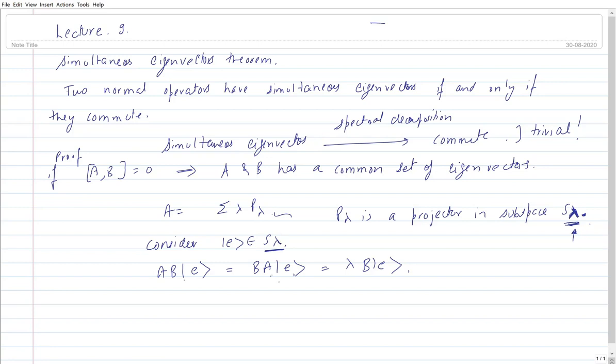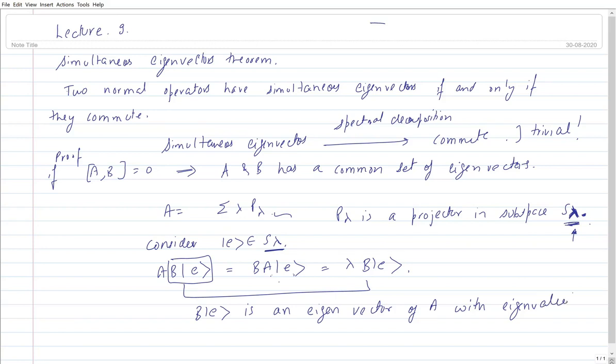I'm just plugging in the definition. So what does it say? This relationship says that this element is an eigenvector of A with eigenvalue lambda. So therefore this also belongs to this subspace.